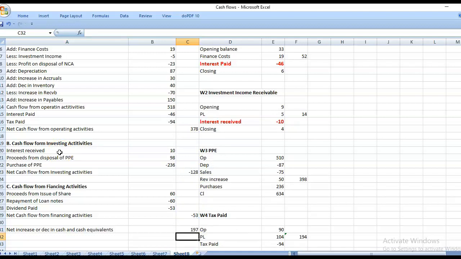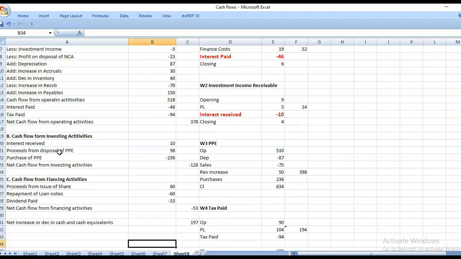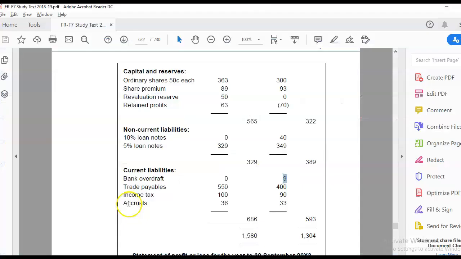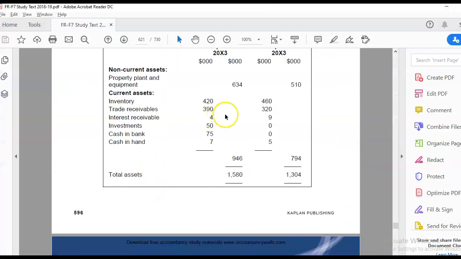A sum of 197. Okay, to this I have to add my opening cash and cash equivalents. Opening investment is 0. Why am I considering investment in cash equivalent? Because in the note it said that it's a highly convertible bond.